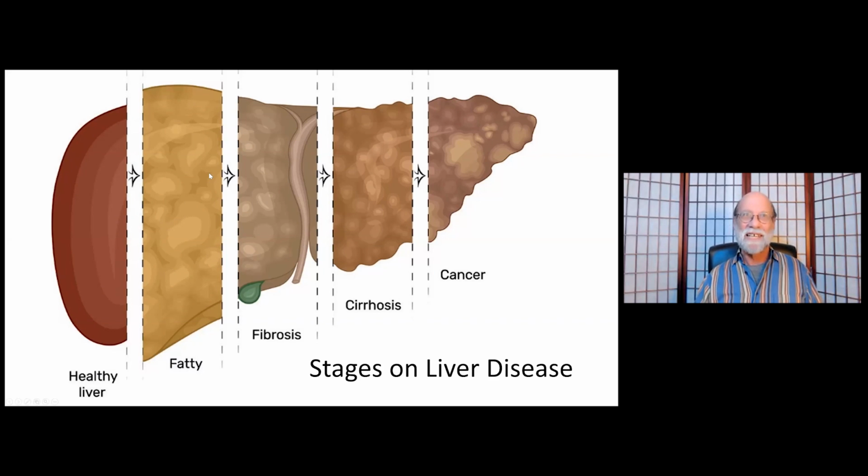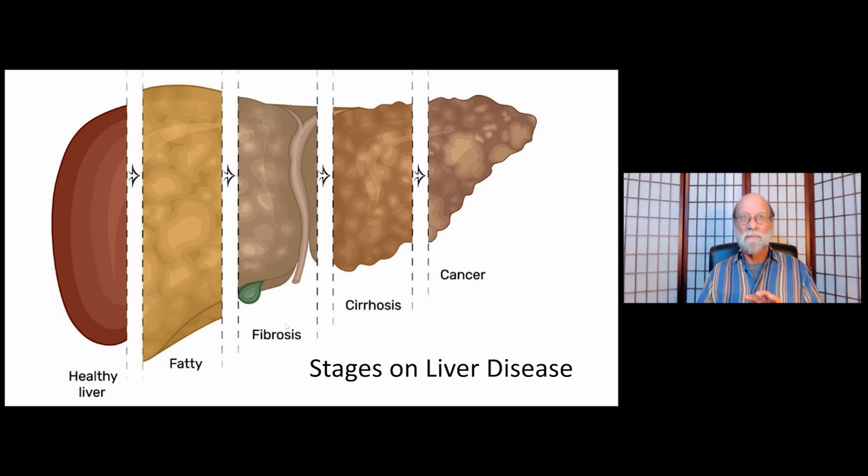But the idea is that each of these stages kind of comes about because of damage created in the previous stage. And the interesting thing is that it doesn't really matter that much about what's causing the damage to the liver in the first place.